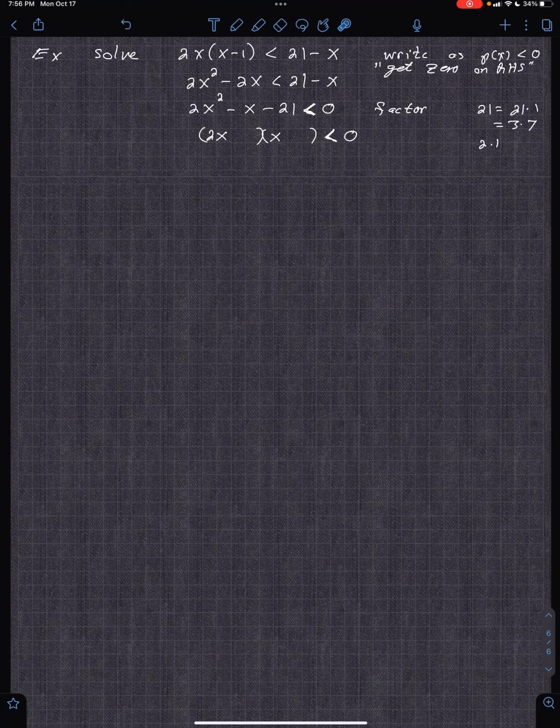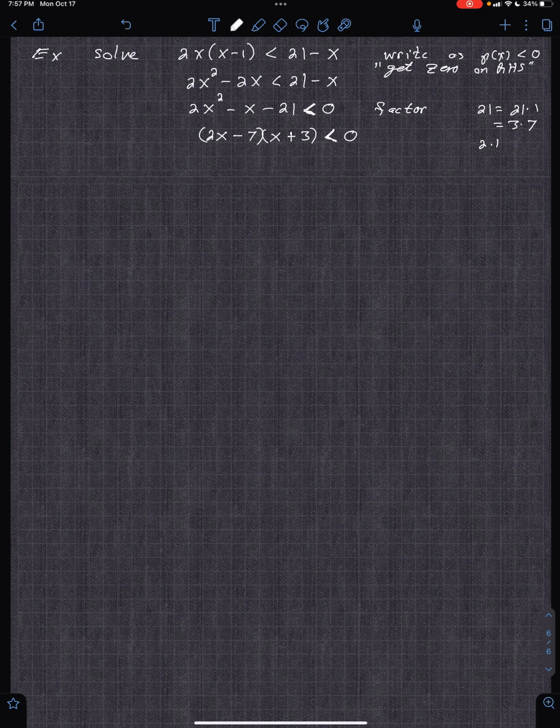So you want to do the product, and then the difference is just 1. So it looks like 6 and 7. That's got to be it, right? So 2 times 3, and then 7 has to be it. So this has to be a 3 and this is 7. And you want the larger product to be negative. So that means this is negative and this is positive.